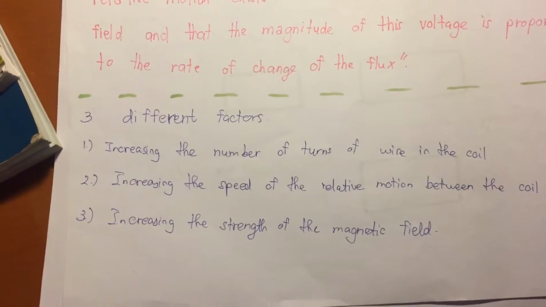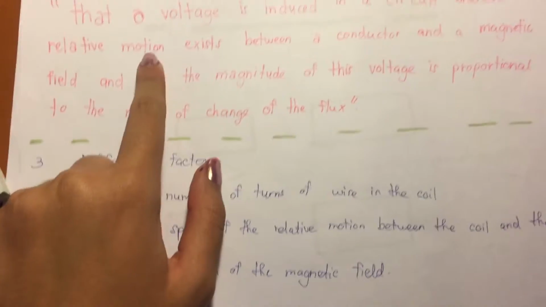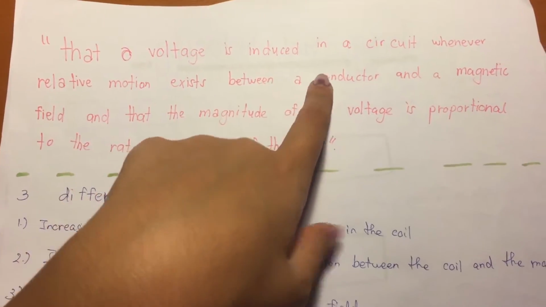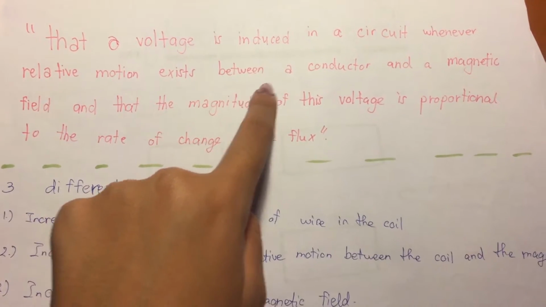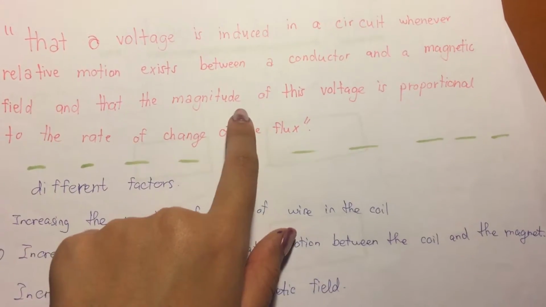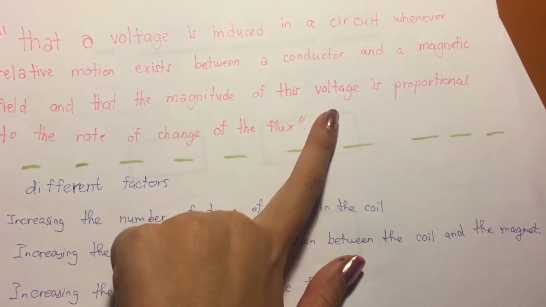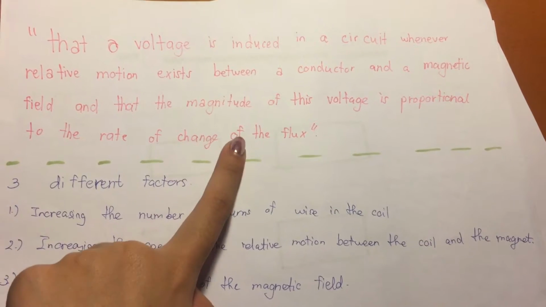Faraday's famous law of electromagnetic induction states that a voltage is induced in a circuit whenever relative motion exists between a conductor and a magnetic field, and that the magnitude of this voltage is proportional to the rate of change of the flux.